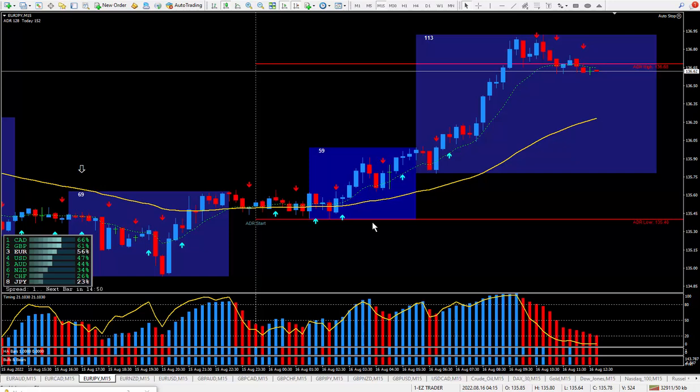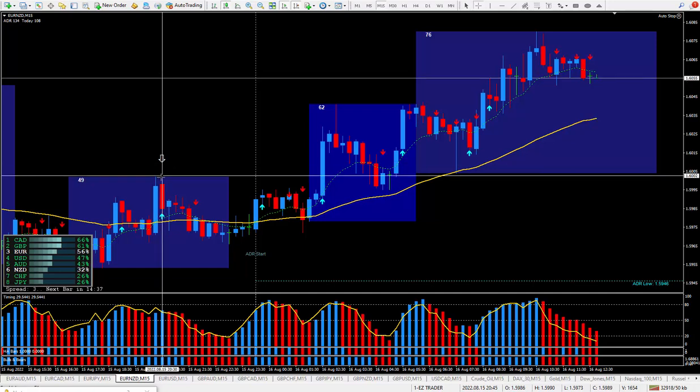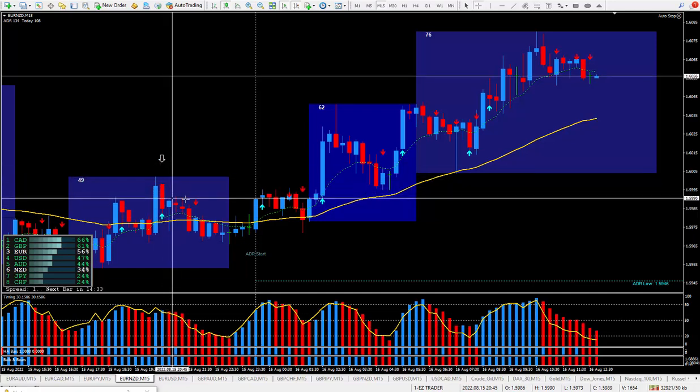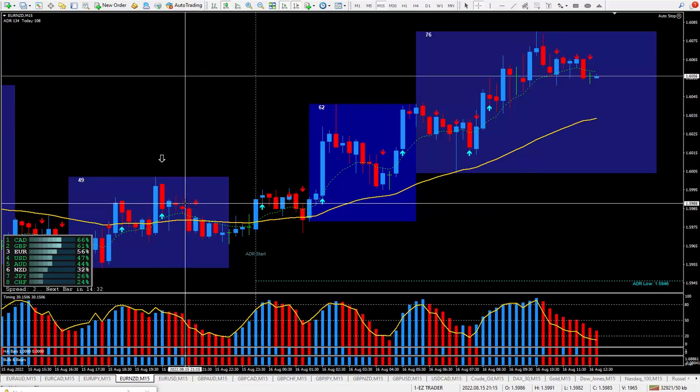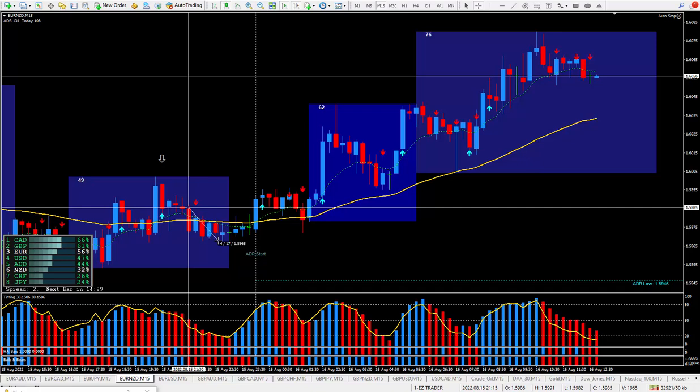So Euro New Zealand tradable. Remember, we're selling. So we're waiting for the cycle to move up, hooking around, and TZ is working its way down. So anywhere across here you can get in. There's your signal candle right here, and it's only 17 pips.